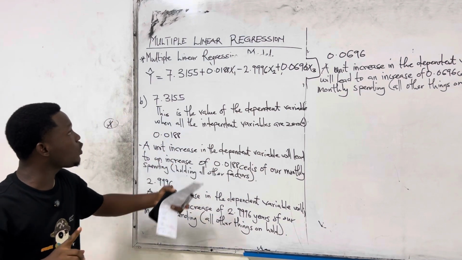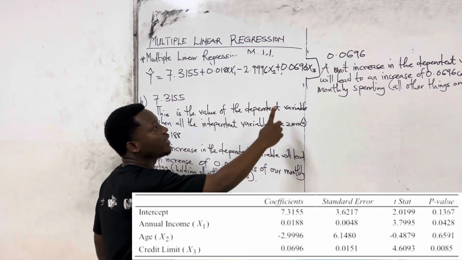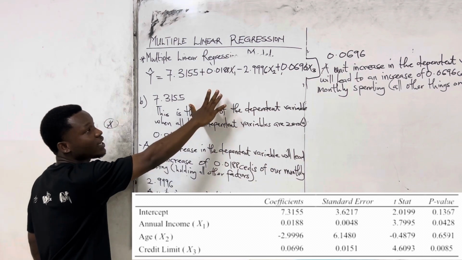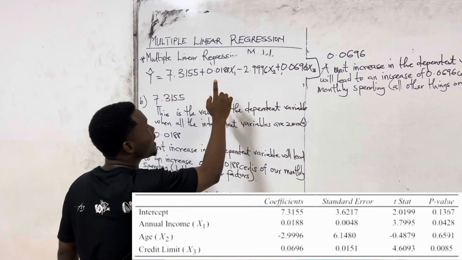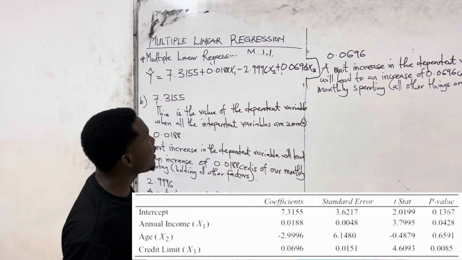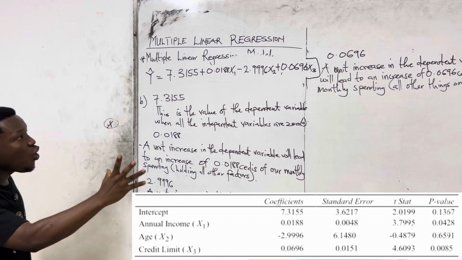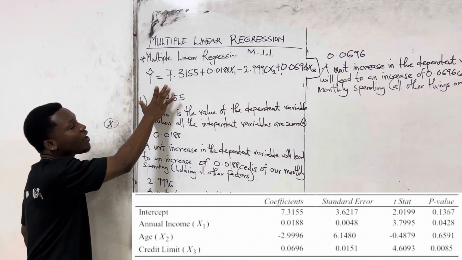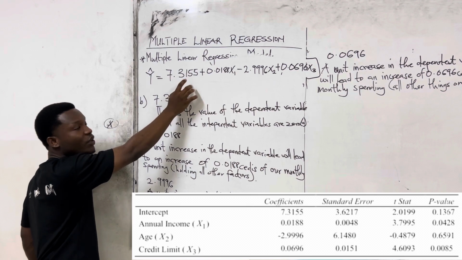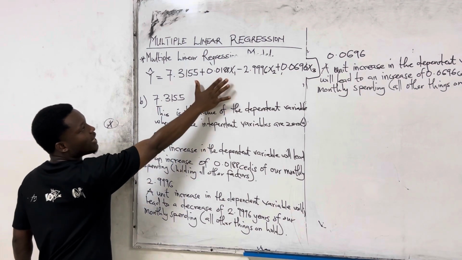The independent variables that we are talking about are the annual income, age, and also the credit limit, represented by 0.0188, negative 2.996, and then 0.0696. If all these are zero, then our dependent variable is just equal to 7.3155, and then the unit.